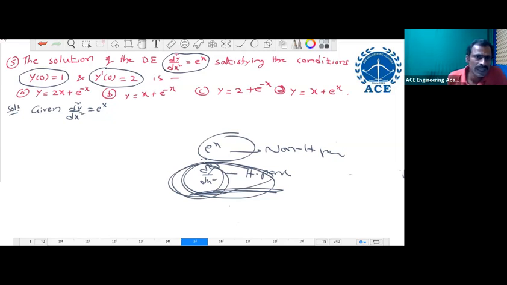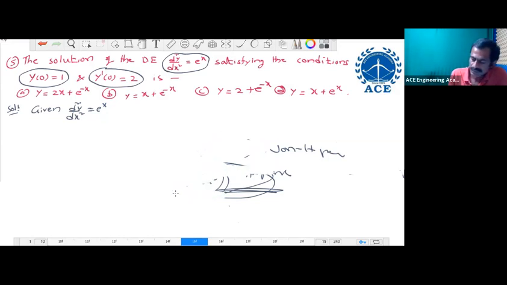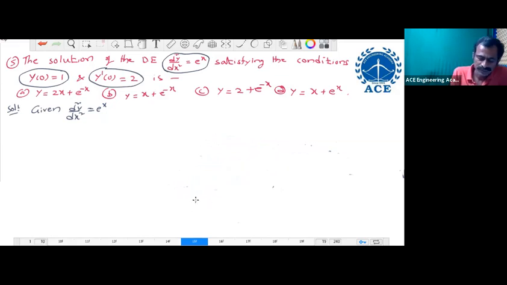To eliminate one derivative dy by dx, we integrate once. Again, to eliminate one more derivative, we integrate one more time. So if we integrate two times, we get the solution for this equation. That is the choose-answer-by-verification method, because we have had previous GATE questions like this on this model.